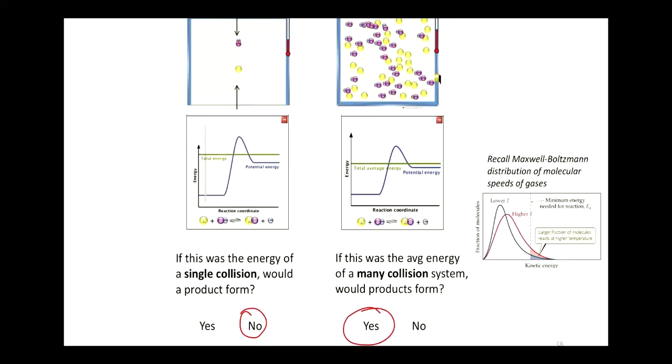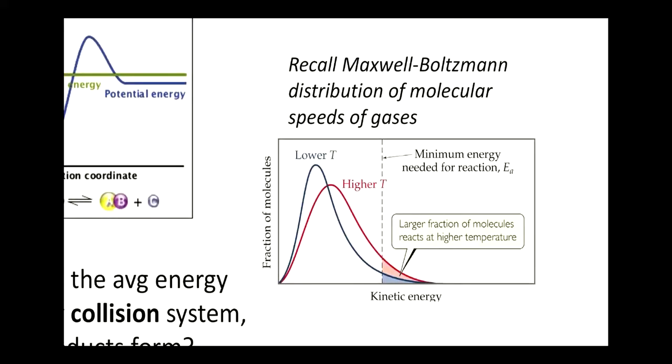And so if we go back to the Maxwell-Boltzmann distribution, this is the minimum amount of energy needed for a reaction to happen. You see at higher temperatures, more of those collisions exceed that minimum energy required.